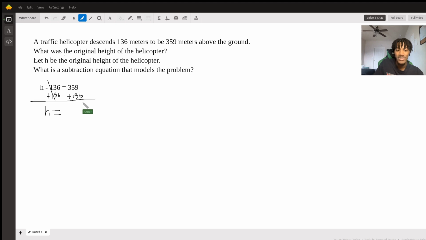It would be 15. So we're going to write a 5 here. We're going to carry our 1. 5 plus 3 is 8. Plus 1 is 9. 3 plus 1 is 4. So H equals 495.